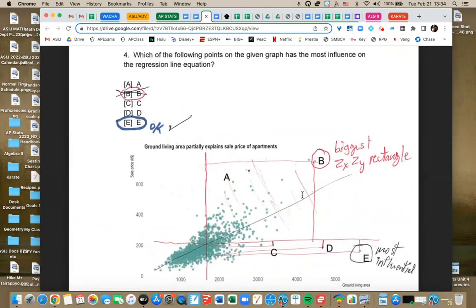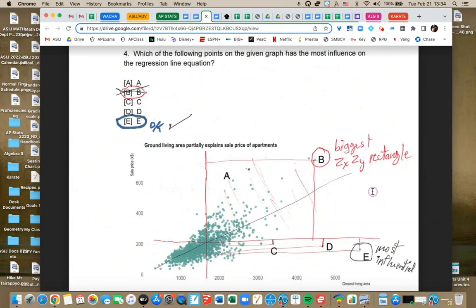Okay, number 4, influential points. You remember we talked about R values being calculated by the ZX times ZY, and you get a rectangle for each one. So it's true that a point that's further away will have a bigger area and will have a bigger effect on the R value.